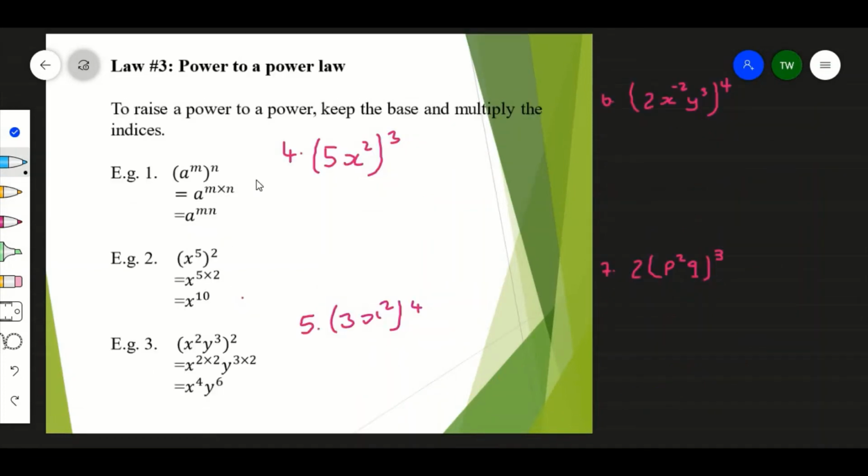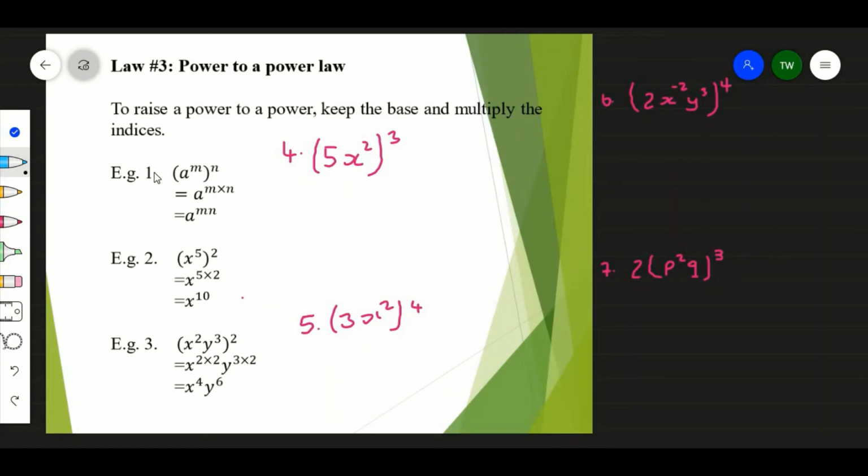Alright, number 3, power to a power law. To raise a power to a power, keep the base and multiply the indices. In other words, what you're going to do is distribute the power outside of the bracket to each power inside of the bracket.